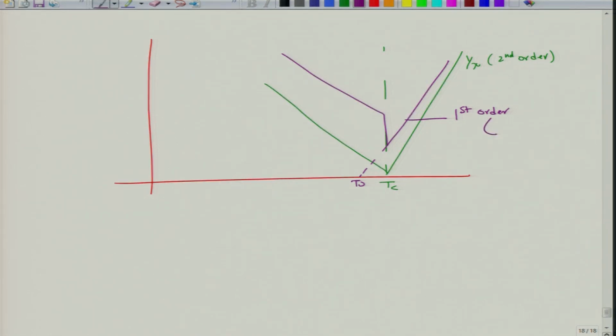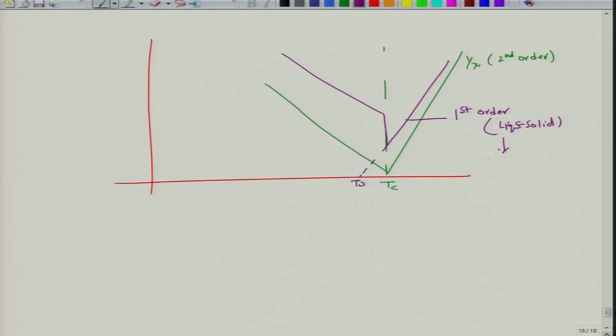So, this is very similar to liquid to solid, because the whole structure has to be rearranged, with complete breaking of bonds. So, there is a sudden change in, for example, enthalpy, and you have latent heat of evolution. So, first order transition is characterized by latent heat, whereas in second order there is a gradual change, as a result there is no latent heat.